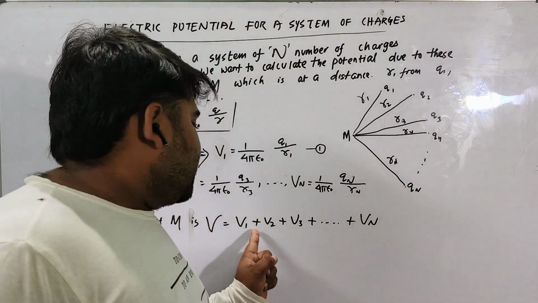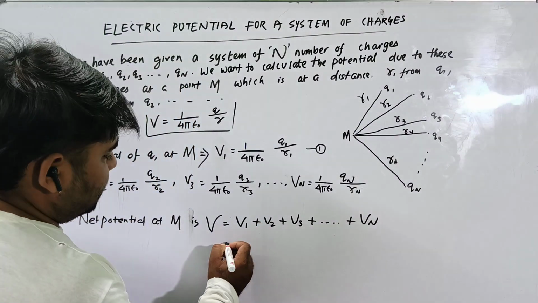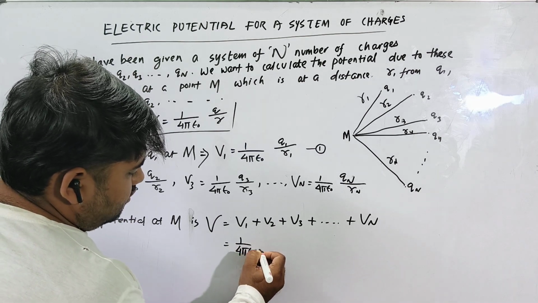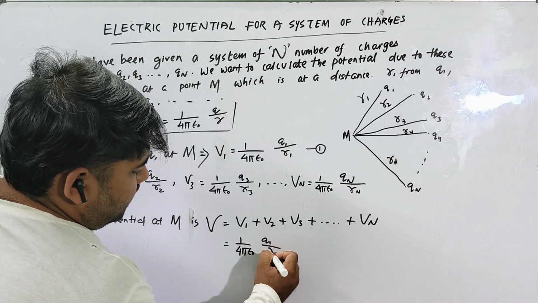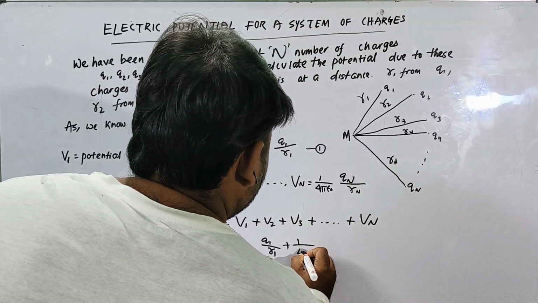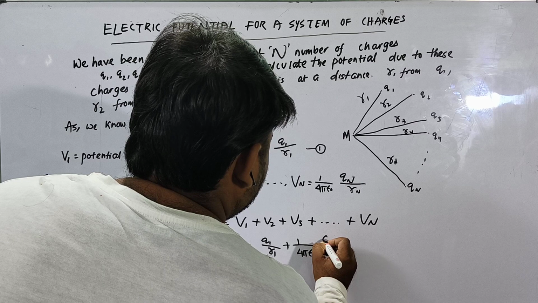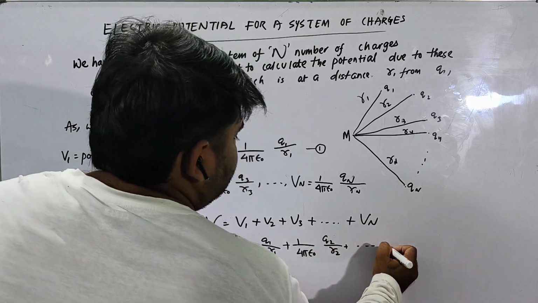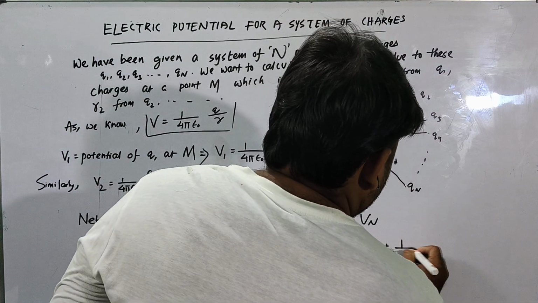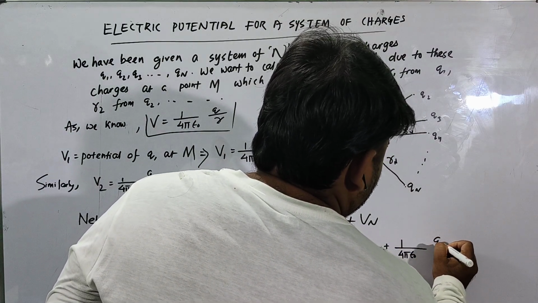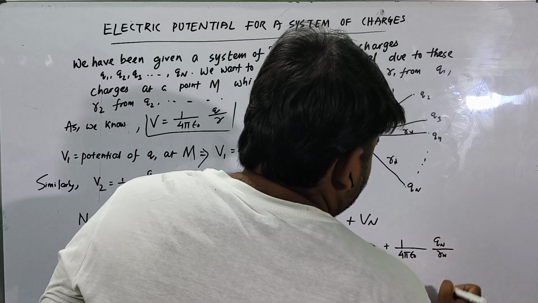Now you need to write the formulas here, just like 1 upon 4 pi epsilon naught Q1 by R1. Similarly, write for V2, 1 upon 4 pi epsilon naught Q2 by R2. Similarly, write for Vn, 1 upon 4 pi epsilon naught Qn upon Rn.